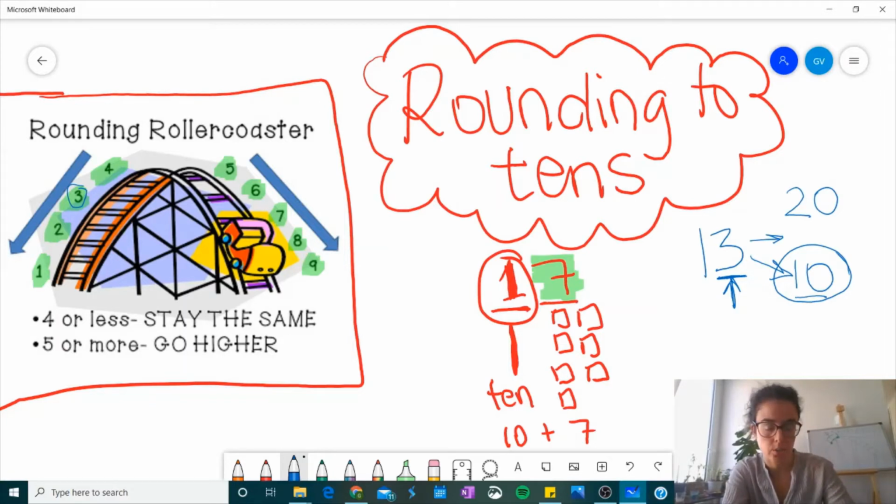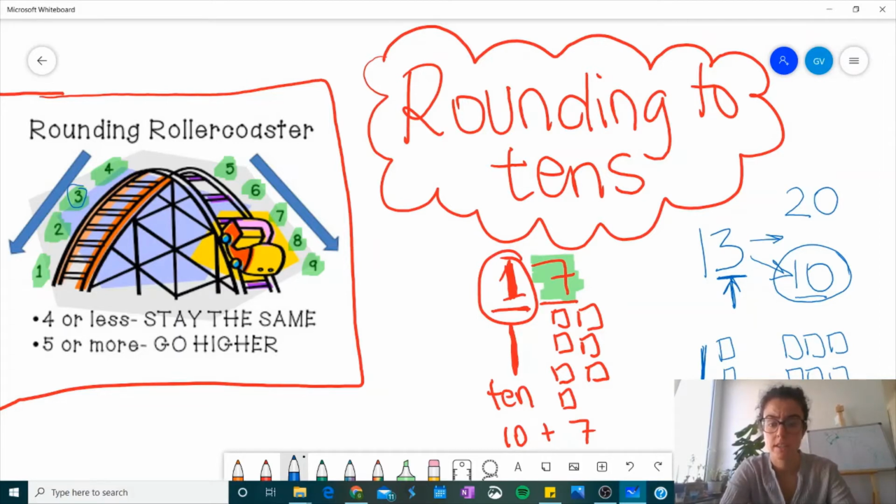Okay, so 13 is closer to 10 than it is to 20. We can draw this too, right? So let's look. If we have 1 ten and 3 ones, okay, that's how we draw 13. Now, how many ones do we need to get to 20? What do we add to 3 to get to 20? We would have to add 7 more ones. That's right. And that's a lot. That's a lot of numbers to go to 20.